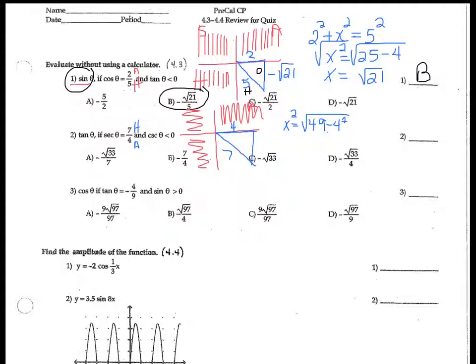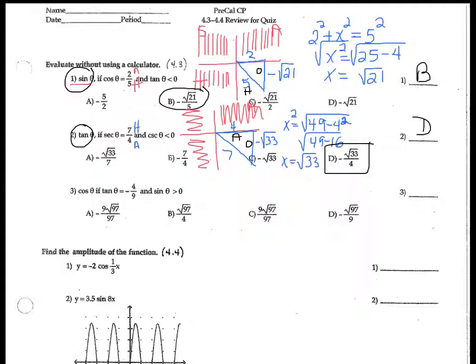So it's 49 minus 16, and that is 33. And again, this is negative because it's going down. And here they want tangent, which is opposite over the adjacent. So that would be D.